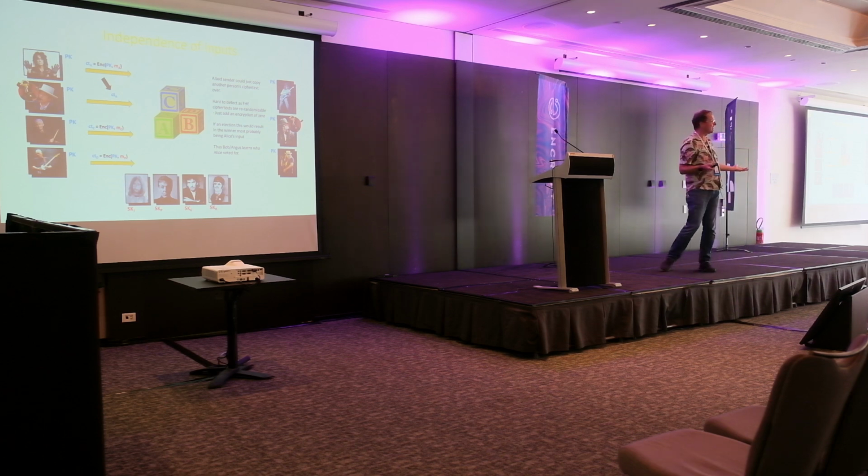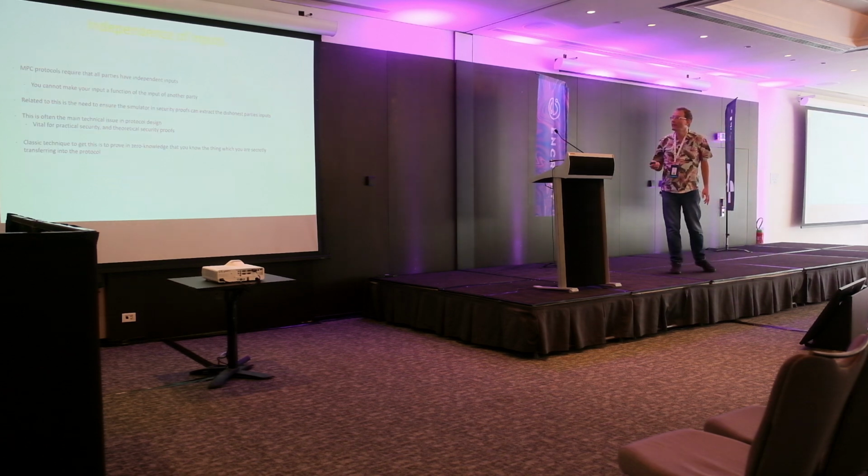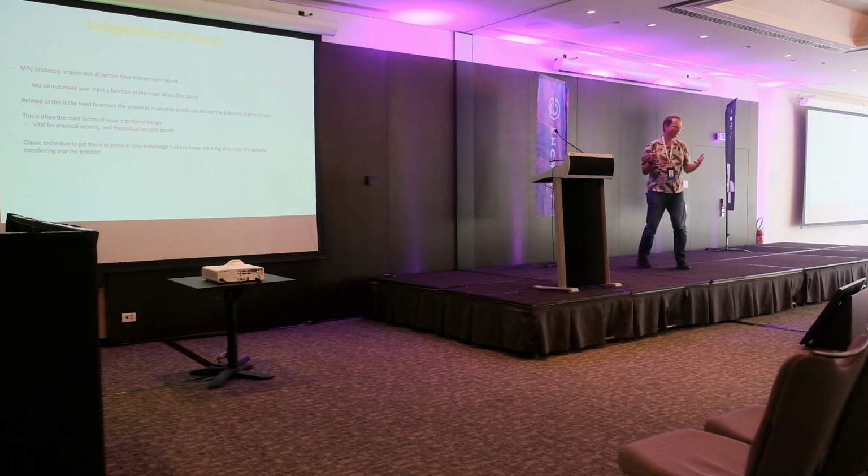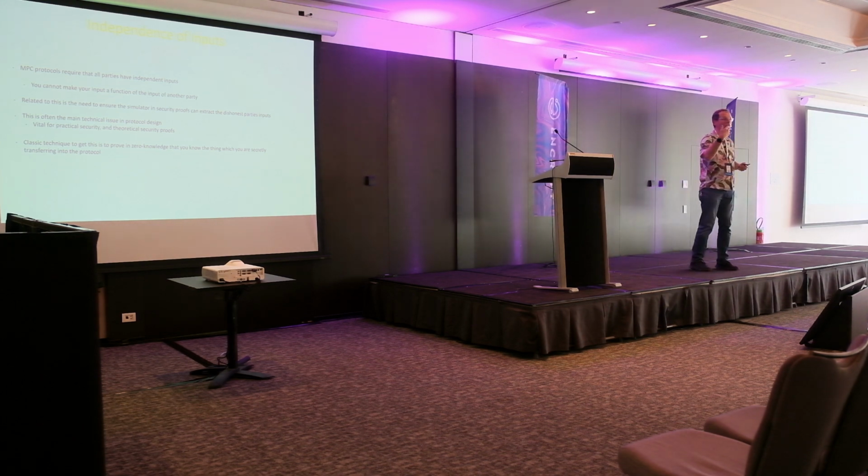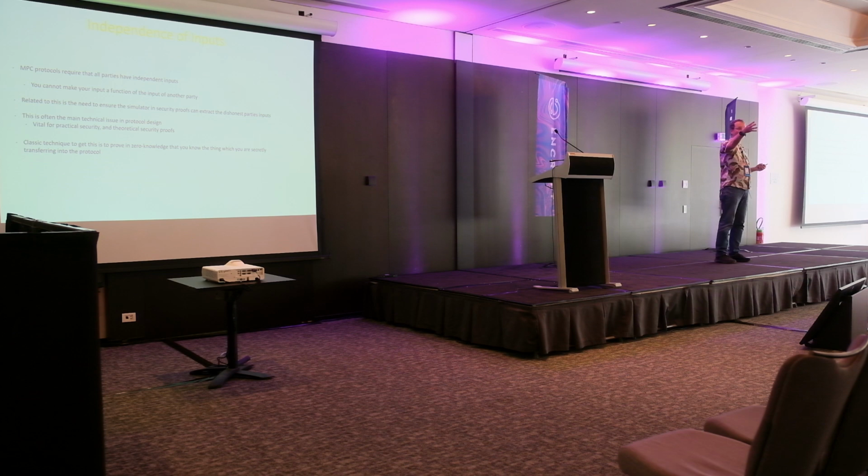And it's actually easy. We know how to do that because, well, let's step back a step. Why do we actually need to do this? Because the MPC security model says we need independence of inputs. My input must be independent from your input because that stops this kind of cut and paste attack.